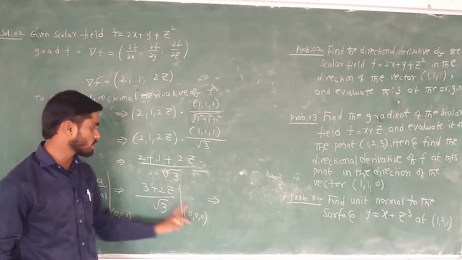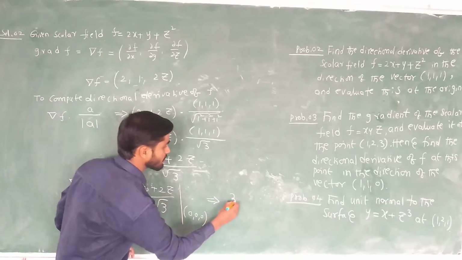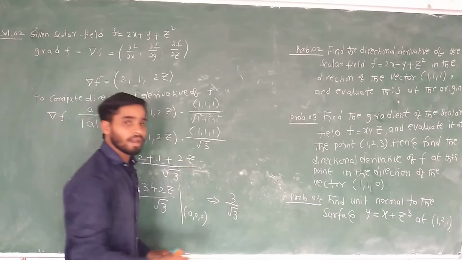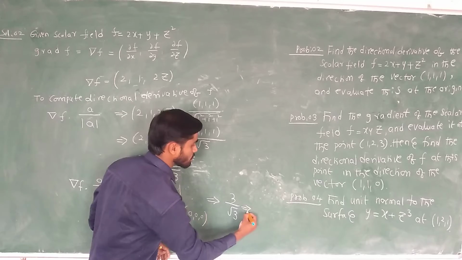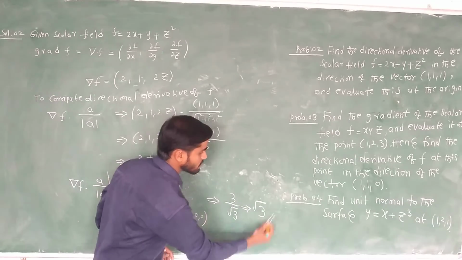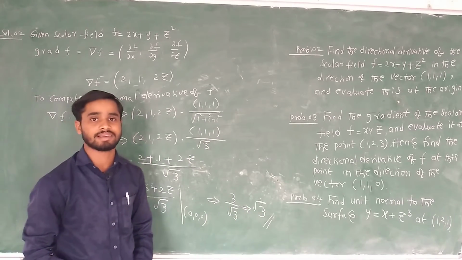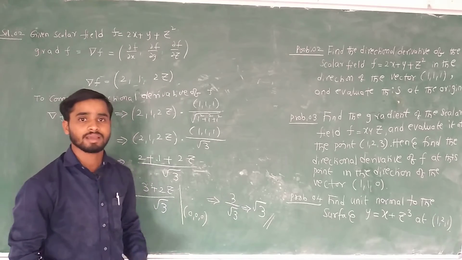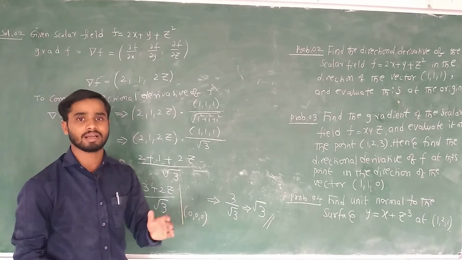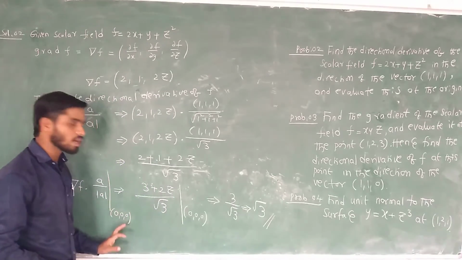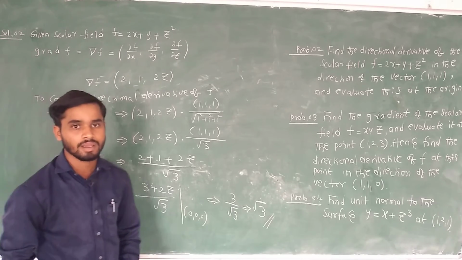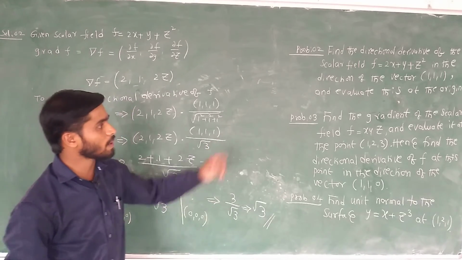If you substitute z equal to 0 here, you will get 3 by root 3, which is written as root 3 only. So this is the required directional derivative of the scalar field in the direction of the vector (1, 1, 1) at the origin (0, 0, 0). Now quickly we will solve problem number 3.